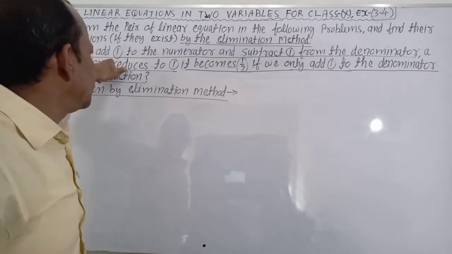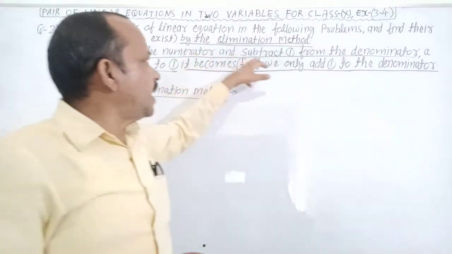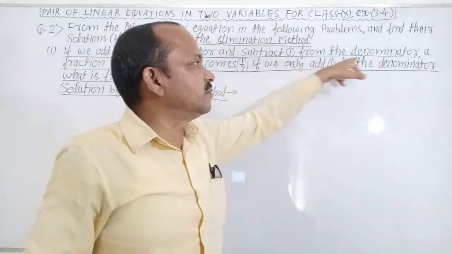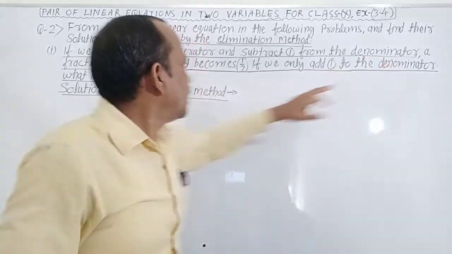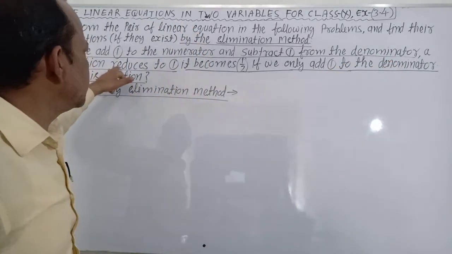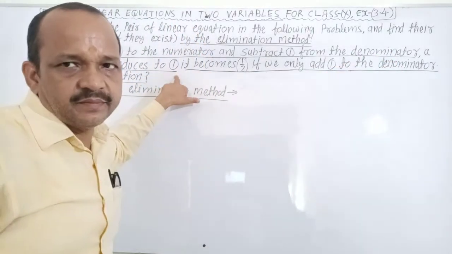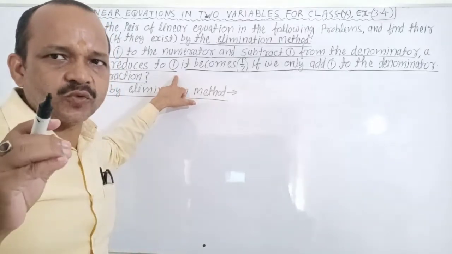If we add 1 to the numerator and subtract 1 from the denominator, a fraction is reduced to 1. It is the first situation.